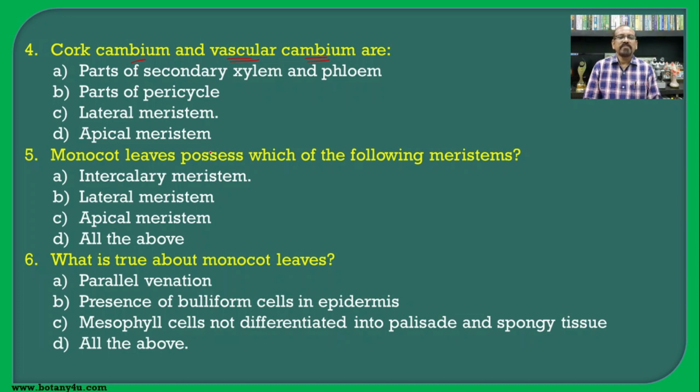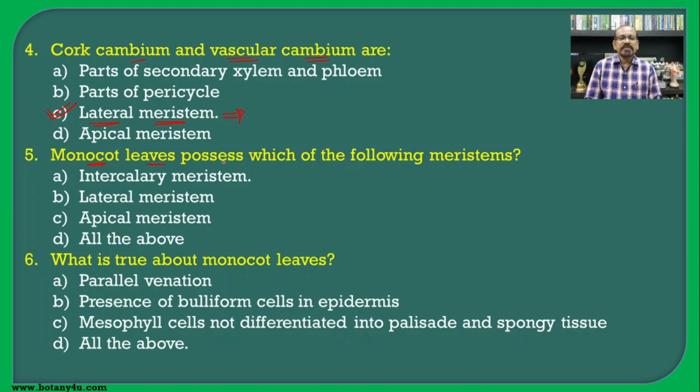These two are examples of lateral meristems, as they are responsible for the lateral growth of the plant body, that is, after secondary growth there is an increase in the girth of the stem or the root, and hence lateral meristem becomes the answer for this question.